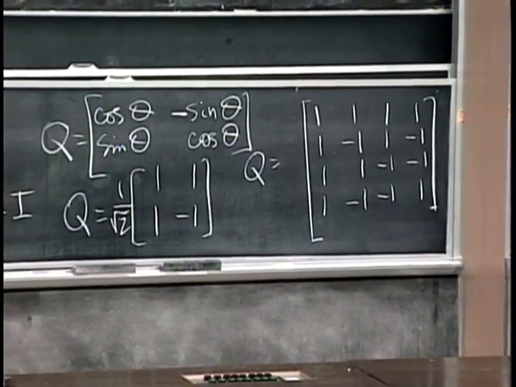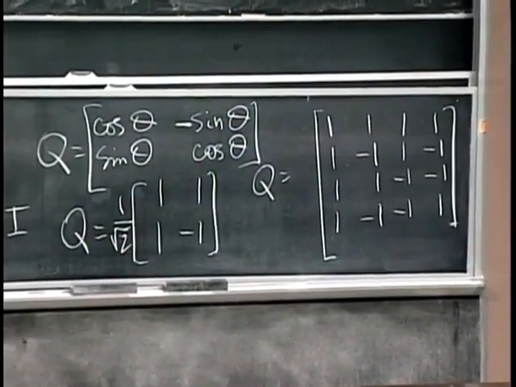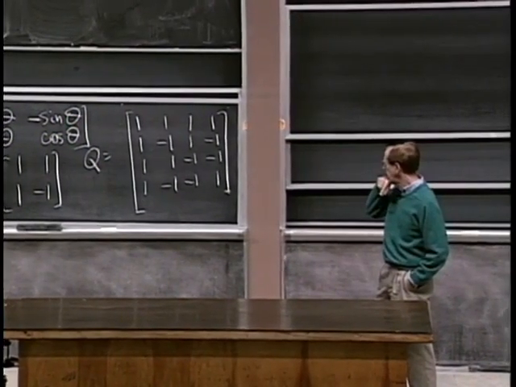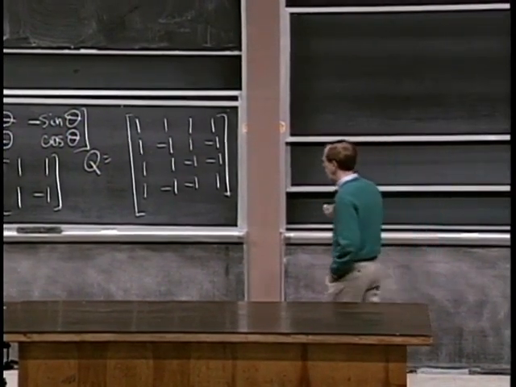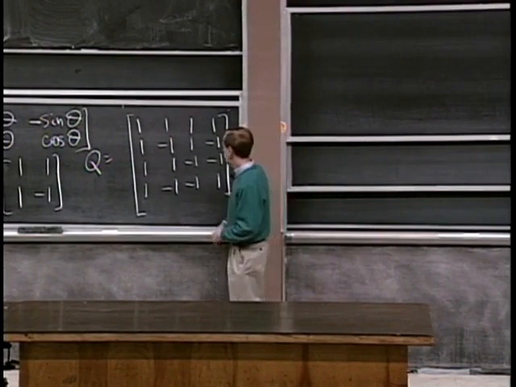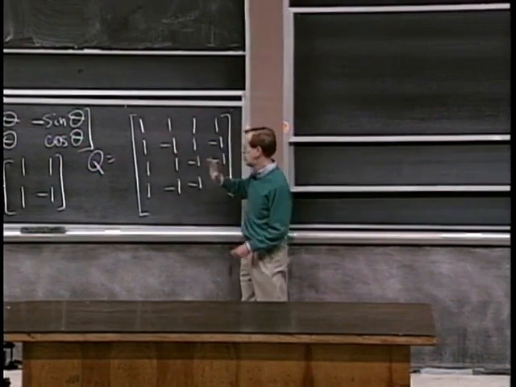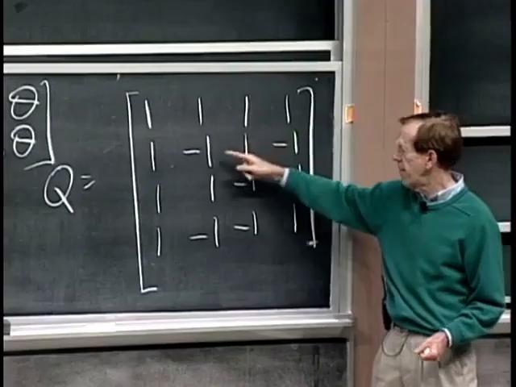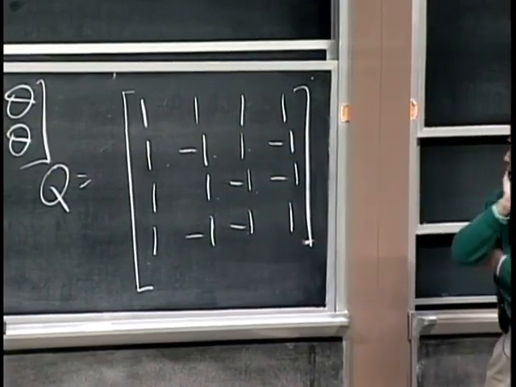That's one of the world's favorite orthogonal matrices. I hope I got it right. If I take the inner product of one column with another one, let's see. If I take the inner product of that column with that, I have 2 minuses and 2 pluses, that's good. When I take the inner product of that with that, I have a plus and a minus and a plus, good. I think it all works out.